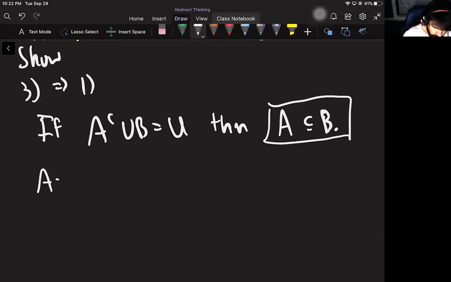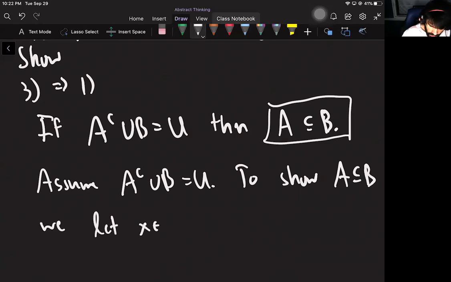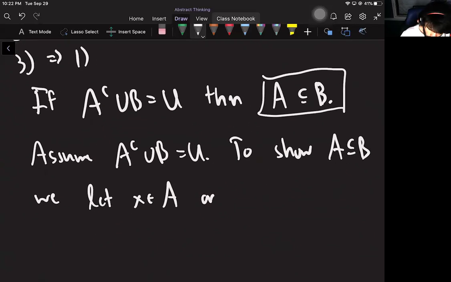So I'm assuming my hypothesis is true. And then to show a subset proof, we let something be in the supposed subset of the other one, and then show that it's going to be in the other one.